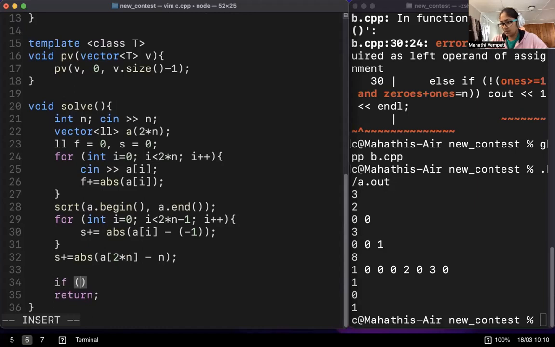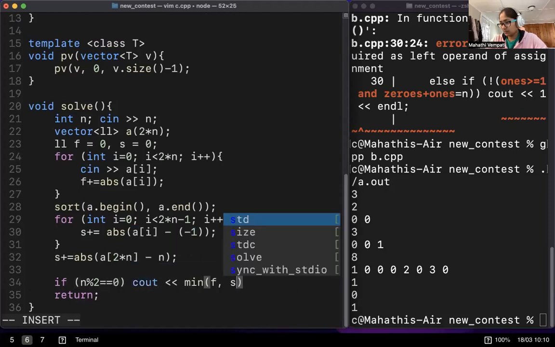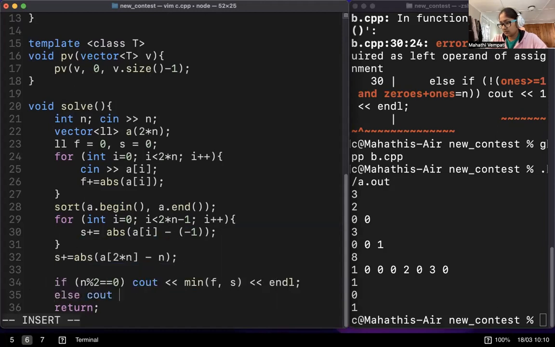If n mod 2 equals 0, cout min of F comma S.